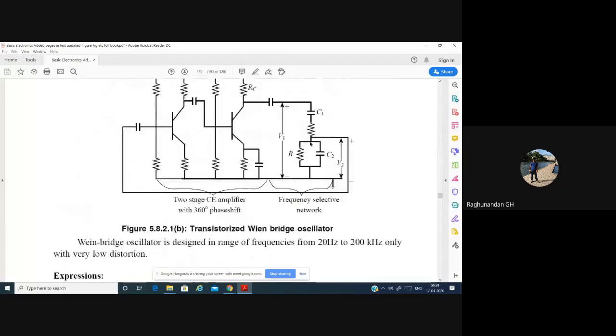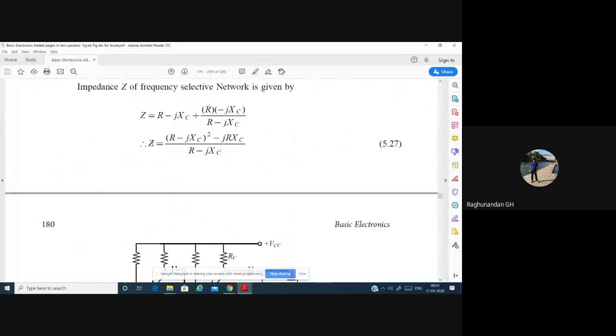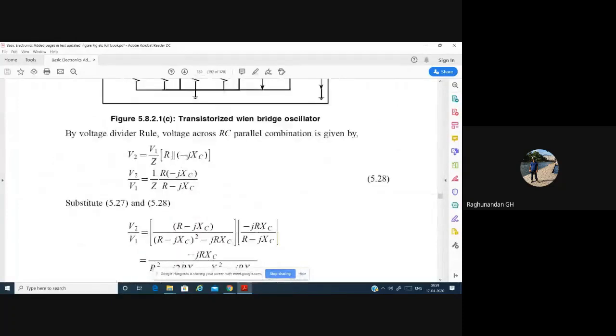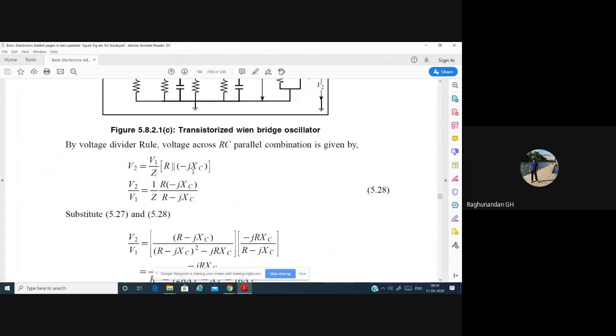I want to find the voltage across these two. They are connected in parallel, so R parallel the capacitor, divided by the sum of the total resistance. The total resistance is Z, which we have already found. So R parallel minus jXC divided by Z. That is the reason why we first found Z.